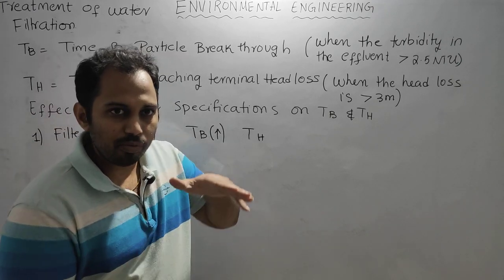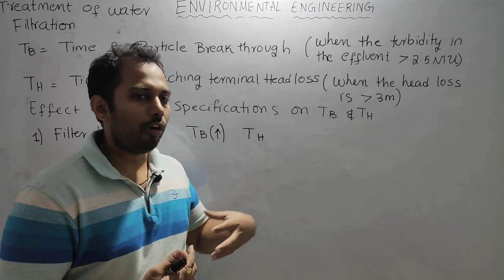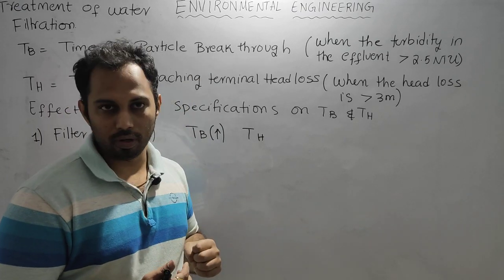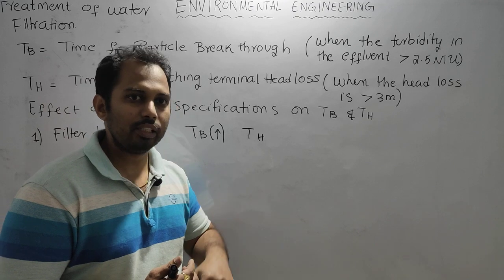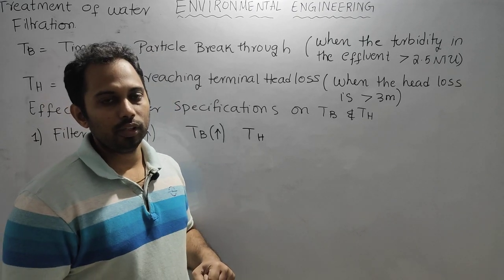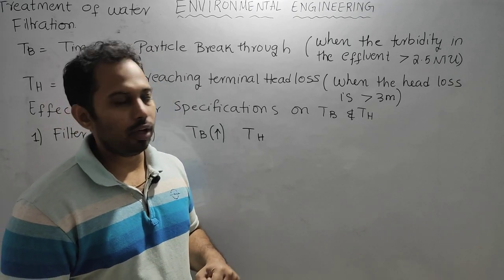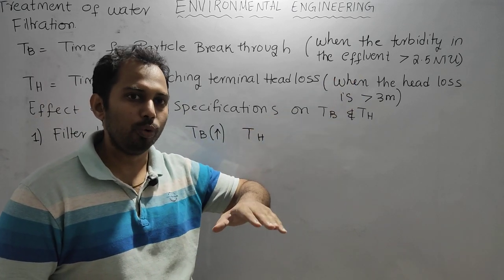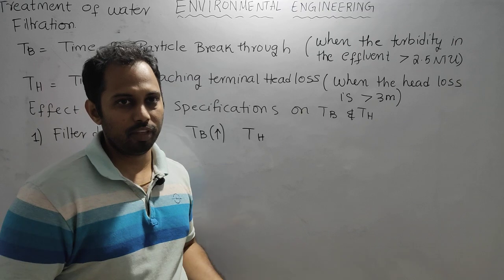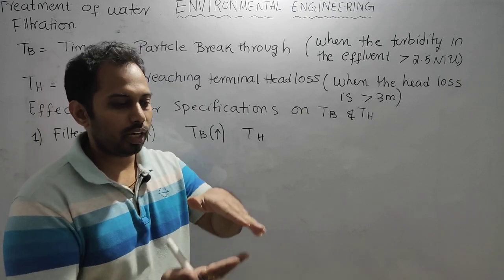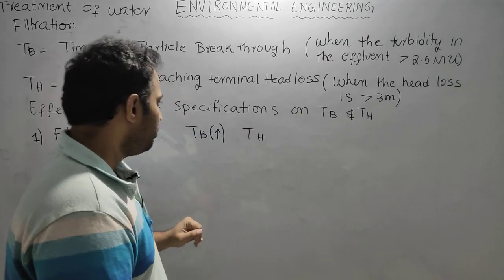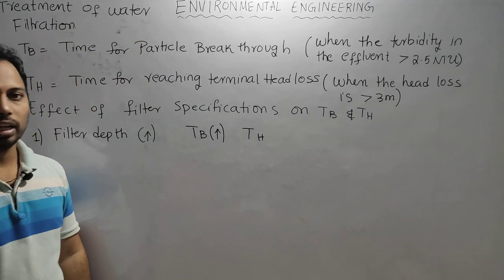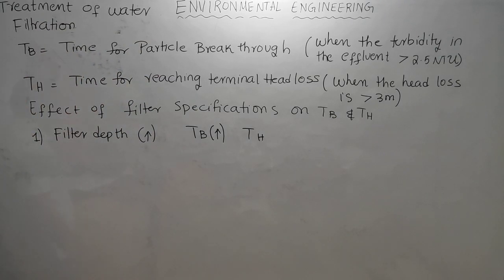So when the depth is more, the opportunity of catching that impurity is more, and the effluent turbidity reaching more than 2.5 NTU takes a little more time. And what happens to the terminal head loss? It decreases.